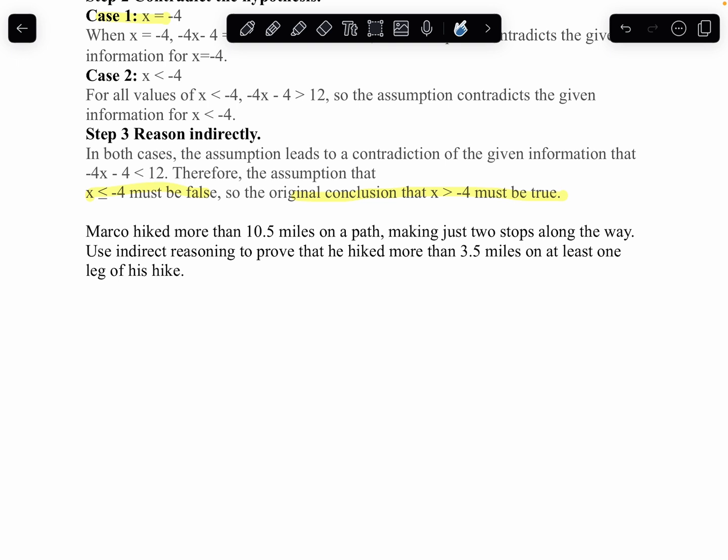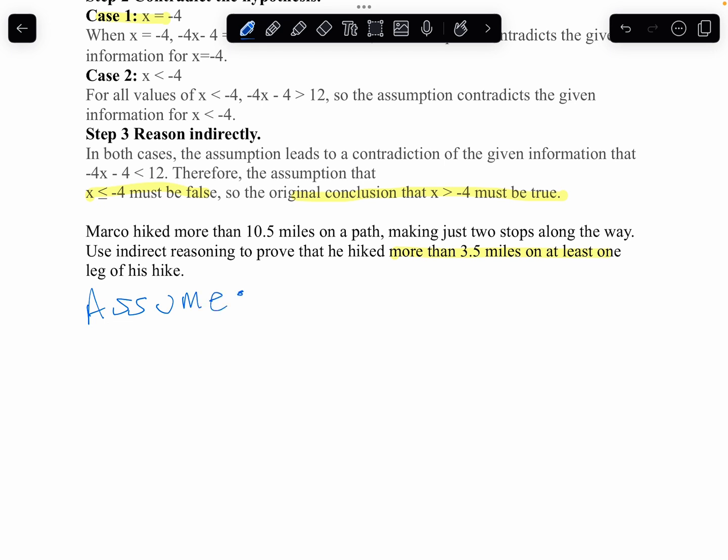Use indirect reasoning to prove that he hiked more than 3.5 miles on at least one leg of his hike. So I want to prove that he hiked more than 3.5 miles on at least one leg, I should say. So I'm going to assume the opposite of that.